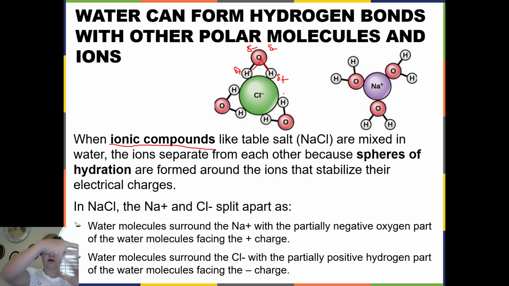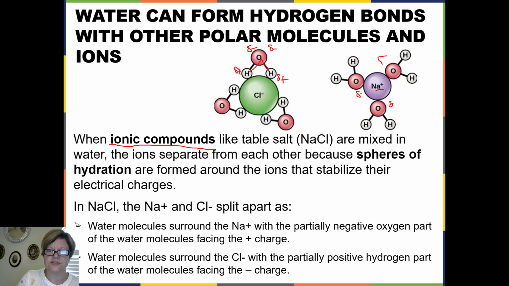The chloride ion is being touched all the way around by the partial positive hydrogen side of a whole bunch of water molecules. The sodium ion is being touched all the way around by the oxygen side, which is the partial negative side of these water molecules.